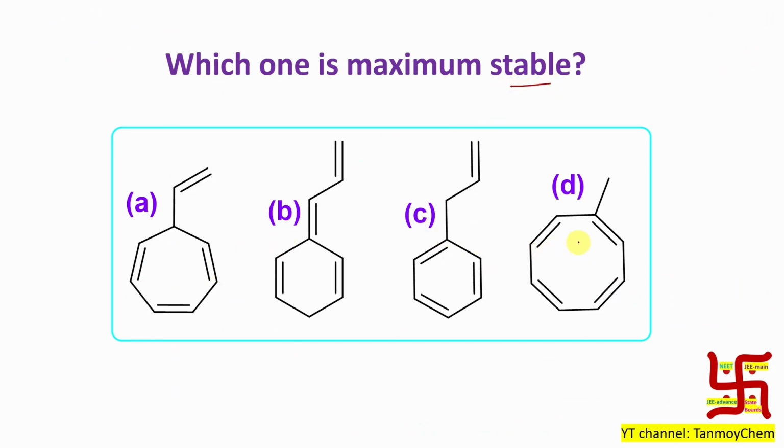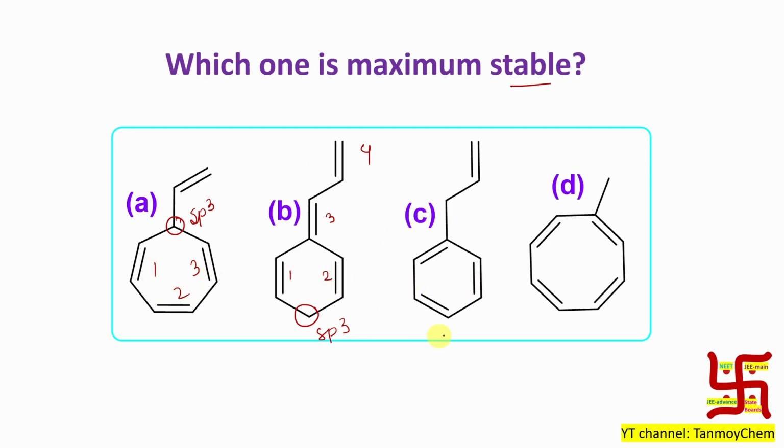Now if you look at all of these, this one is a 7-member ring. By the way, this is not aromatic. Why? Because this carbon is sp3 hybridized and it is not a conjugated system. Now if you look at option B, here there is an sp3 hybridized carbon. Yes, I agree, 1, 2, 3 and 4 are all in conjugation, but still it's not aromatic.